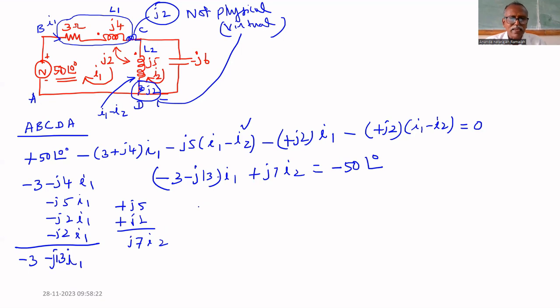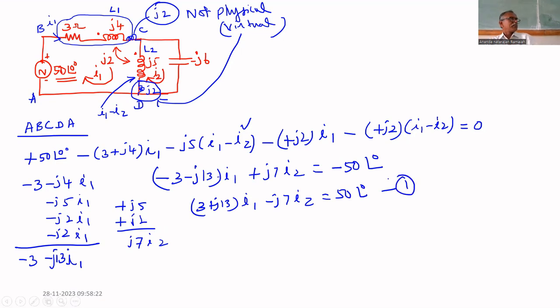Or I can say that (3 plus j13) I1 minus j7 I2 equals 50 angle 0. Let it be the first equation.